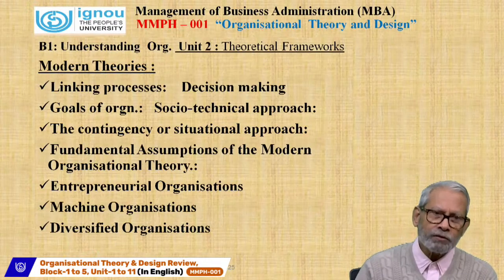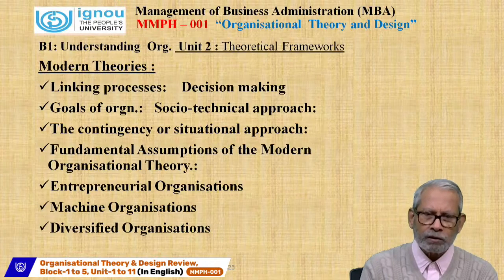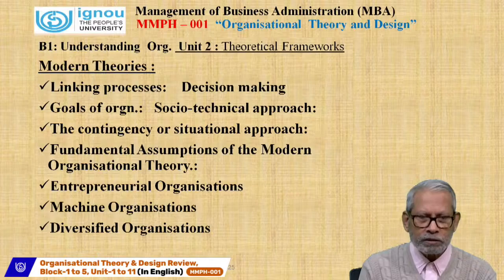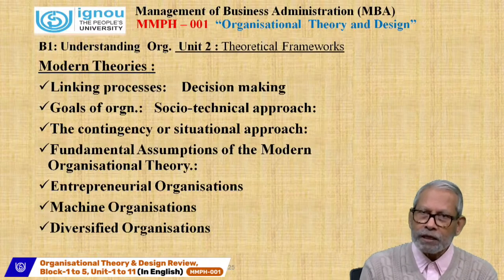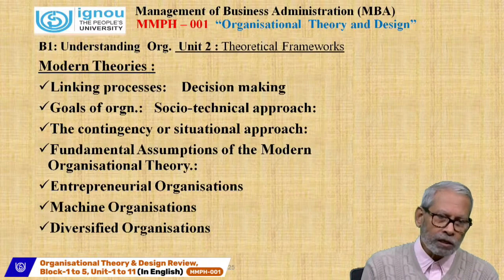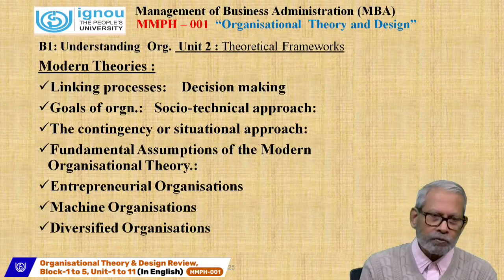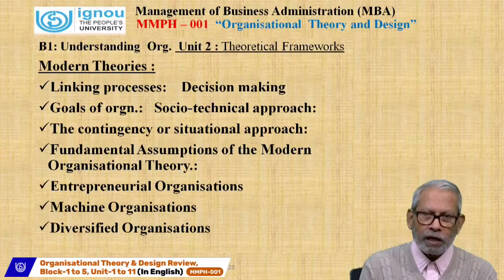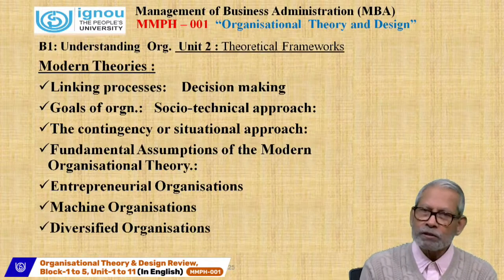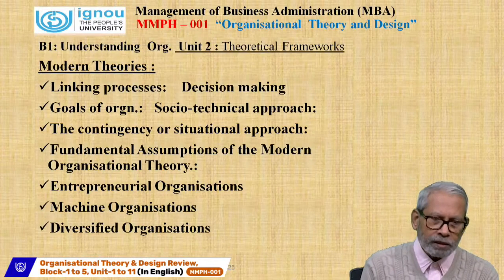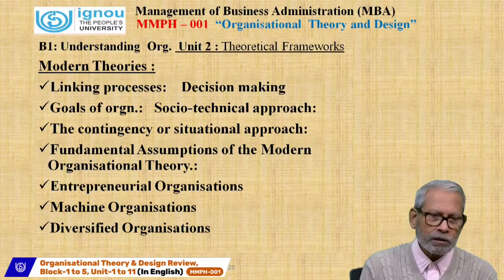Then modern theories, basically they are linking the decision-making process and the goals of the organizations, that is your socio-technical approach, then the contingency or situational approach is another approach, then the fundamental assumptions of the modern organizational theory: entrepreneurial organizations, machine organizations, diversified organizations.